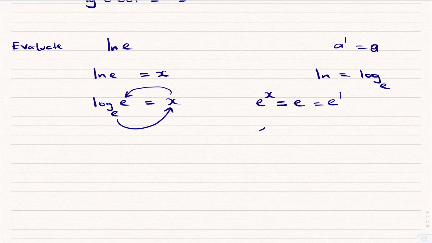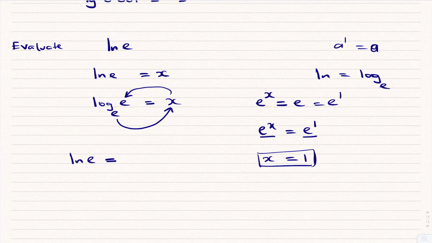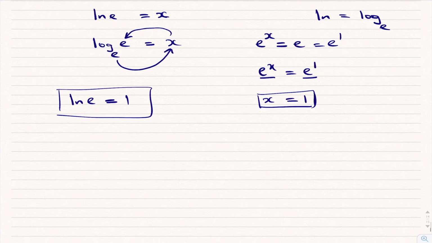So therefore, e to the power of x equals e to the power of 1, which implies that if the bases are the same, there's an equal sign between them, their powers will be equal. So therefore, x equals 1. And therefore, we can say ln e equals 1. Why? Because log of base e of level e equals 1.